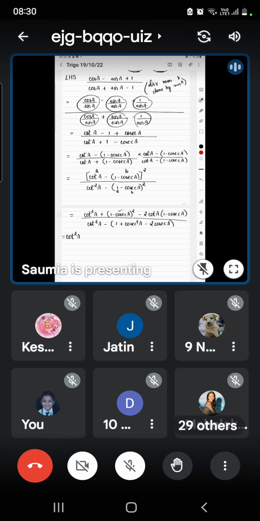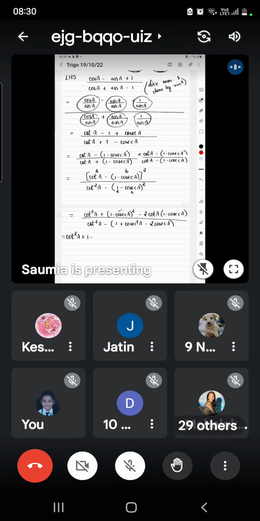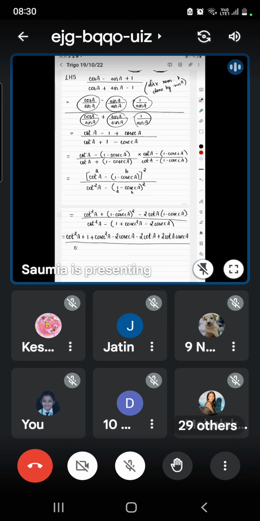Cot square A, just point out if I'm wrong. 1 plus cosec square A minus 2 cosec A minus 2 cot A plus 2 cot A cosec A. Is there an error? No, ma'am, right now. Now, let me open the bracket for the denominator.